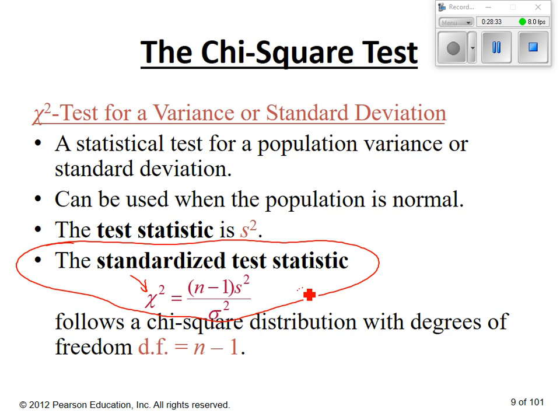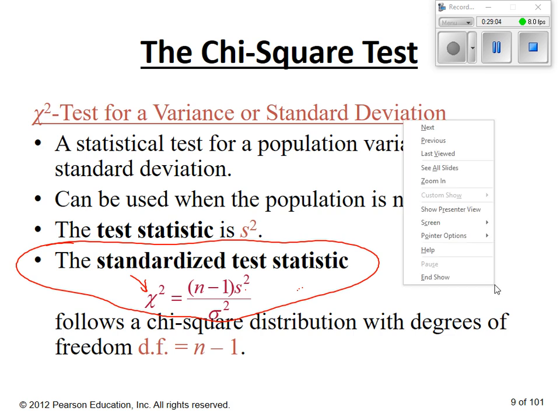Sometimes they'll tell you S squared, so they'll tell you the variance of the sample. If they tell you S squared, then you just put that number in there and you don't square it again. We had this trouble last chapter at the end there because sometimes they tell you the variance, sometimes they tell you the standard deviation. If they tell you the standard deviation, then you stick that number in there and you have to square it. If they tell you the variance, then you just stick that number in there.